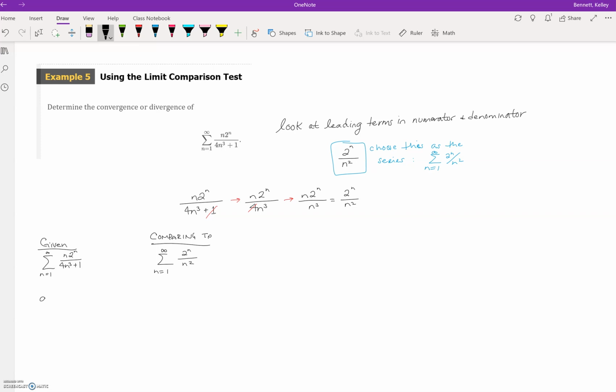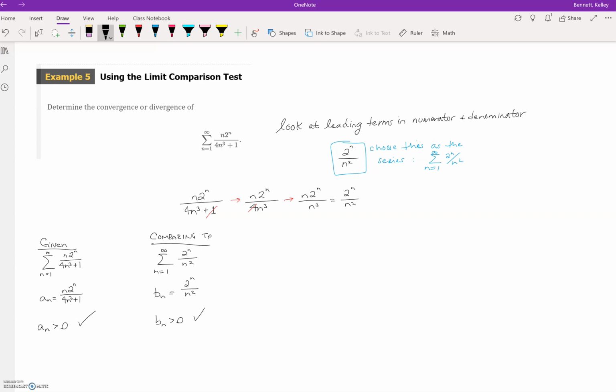So that means that a sub n equals n times 2 to the n over 4n cubed plus 1, and also that b sub n equals 2 to the n over n squared. So we know that a sub n is greater than 0, check, and we also know that b sub n is greater than 0.